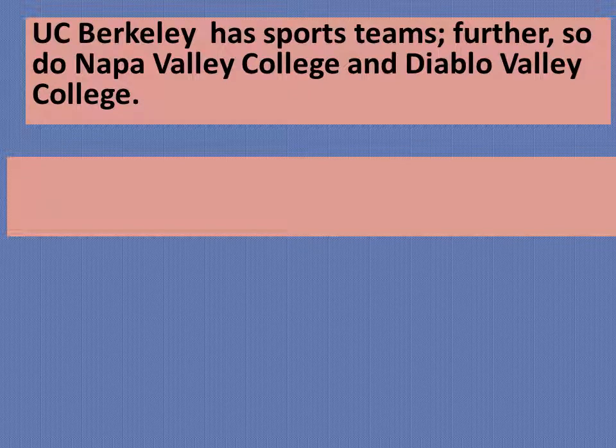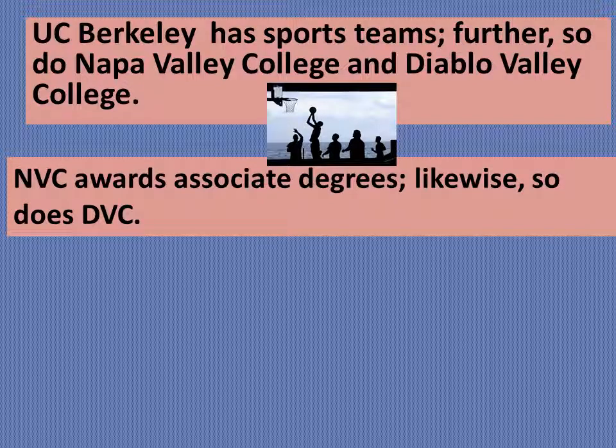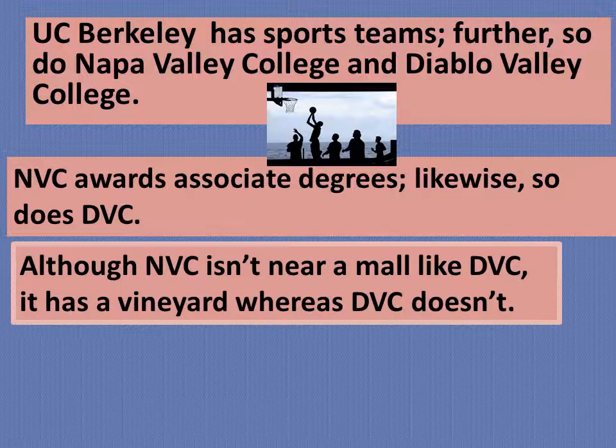UC Berkeley has sports teams. Further, so do Napa Valley College and Diablo Valley College. The further shows that there is a similarity. NVC awards associate degrees. Likewise, so does DVC. So that likewise tells us there's a similarity.